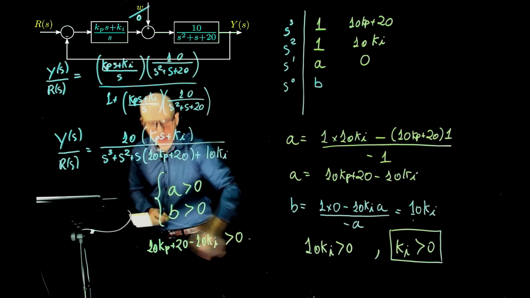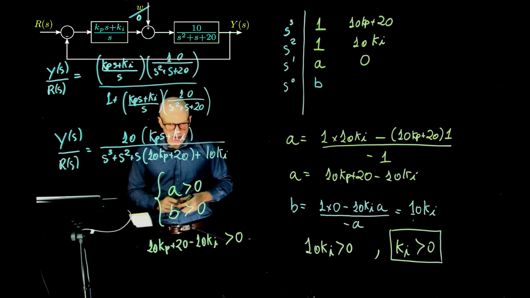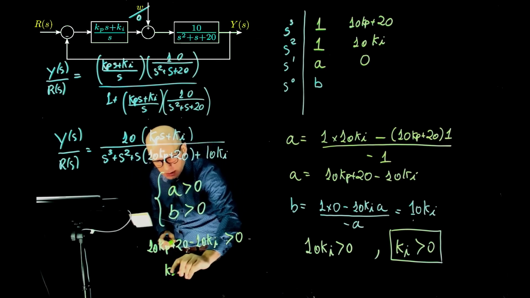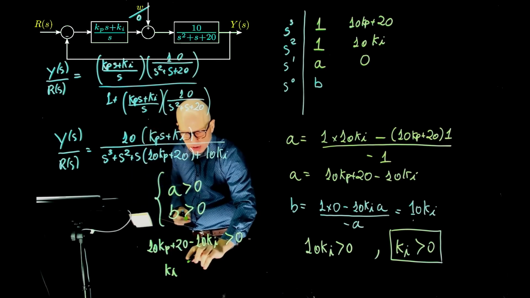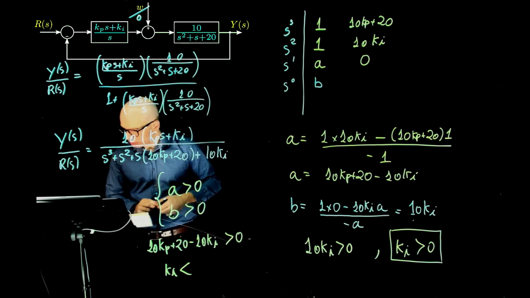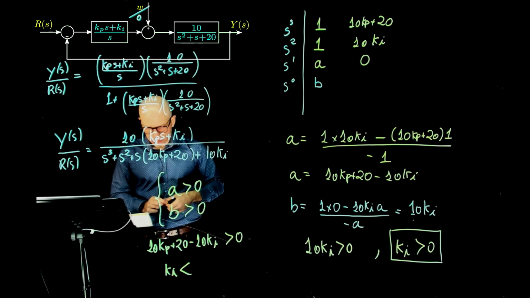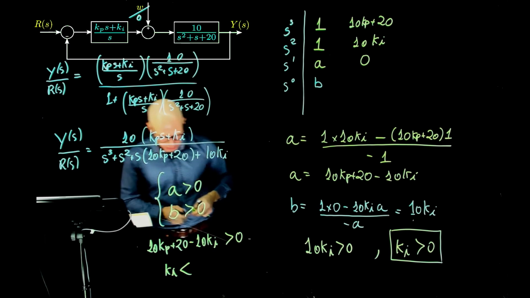Move 10 ki to that side. We can divide everything by 10, and you get... sorry, let's do kp.